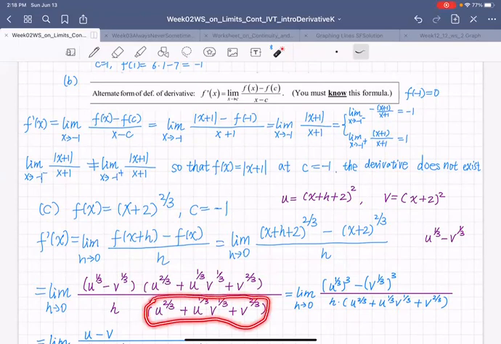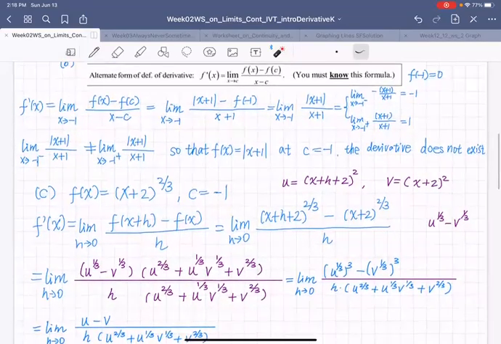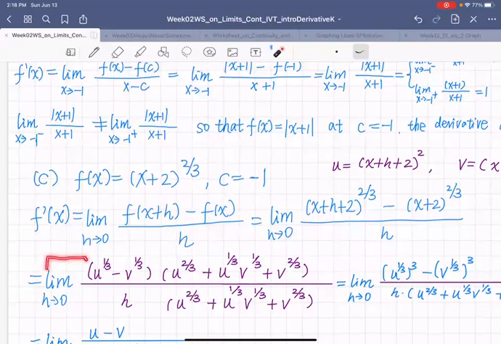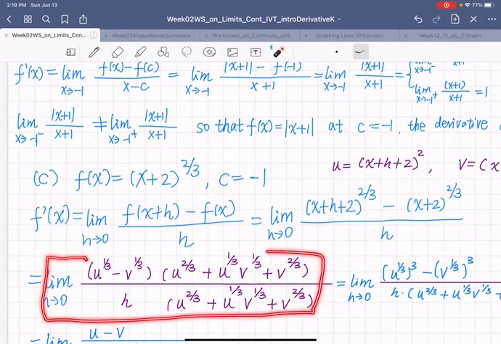That makes sense? Okay. I will go a little bit slow because this is a hard question. So everybody, please go ahead and write this down. Make sure you truly understand this step. If there is any question, please ask me. I want everybody to be able to understand this question.